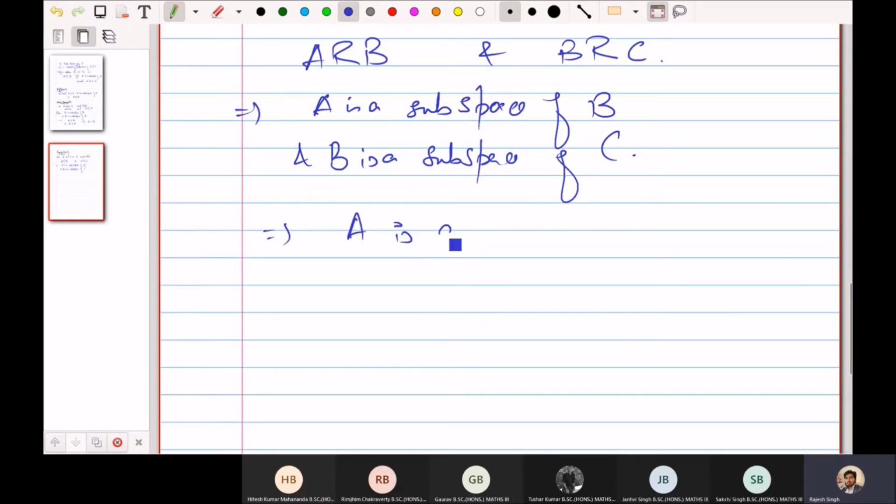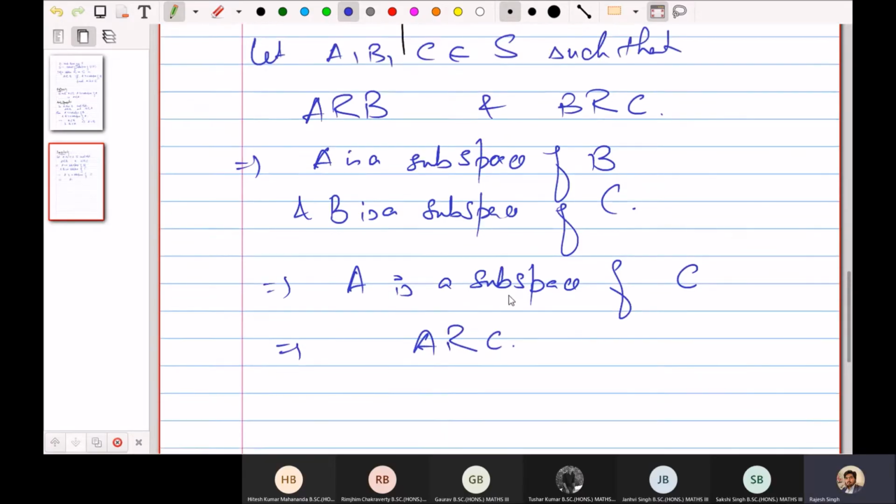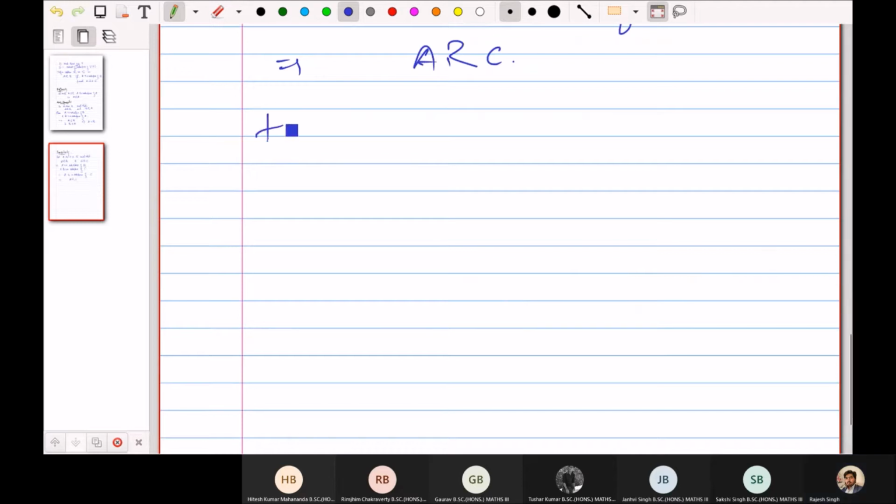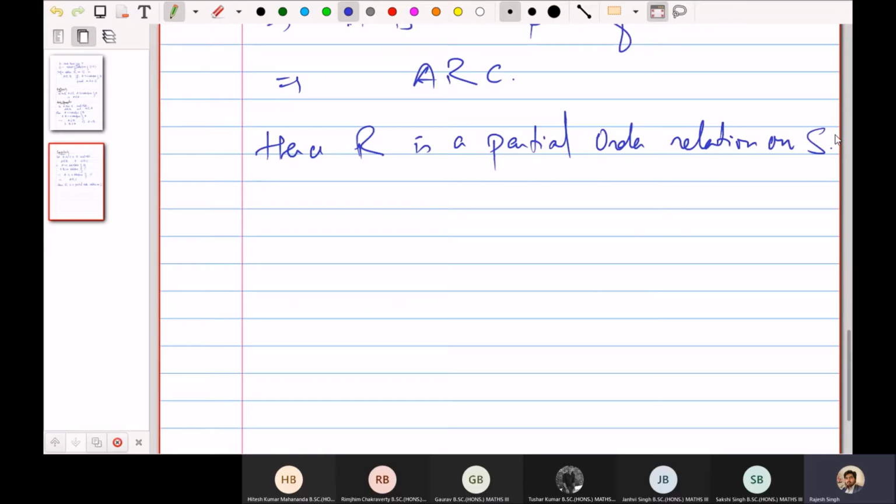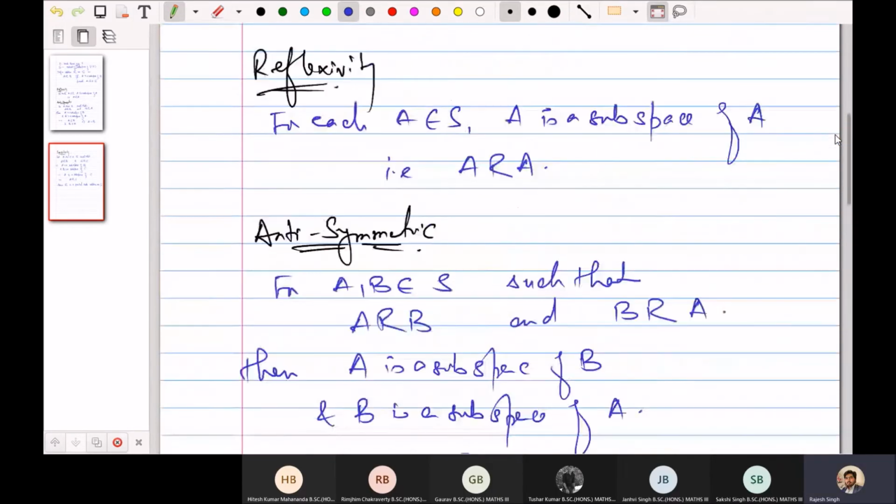So then A is a subspace of C and this implies A is related to C. So hence R is a partial order relation on S.